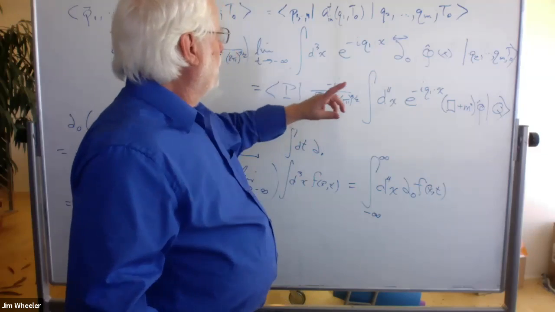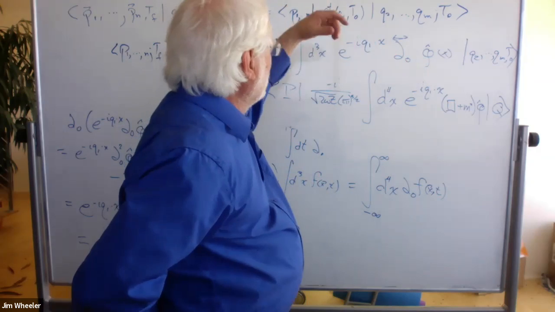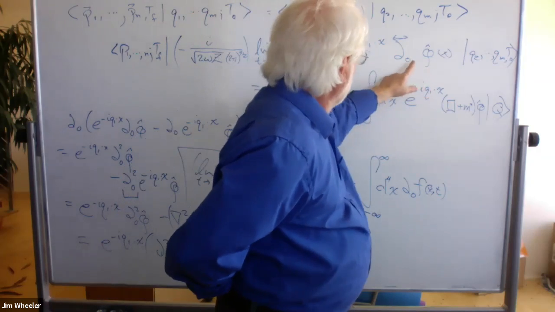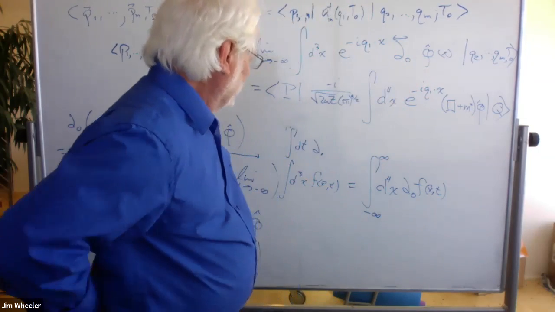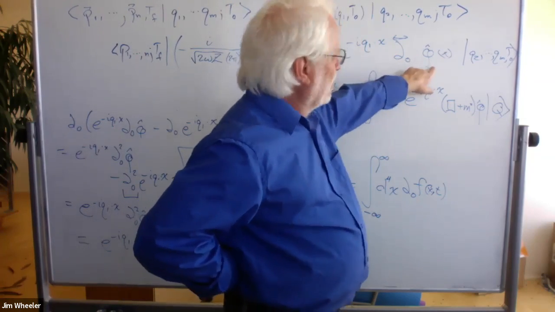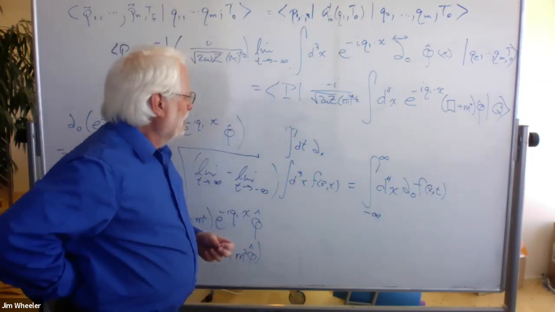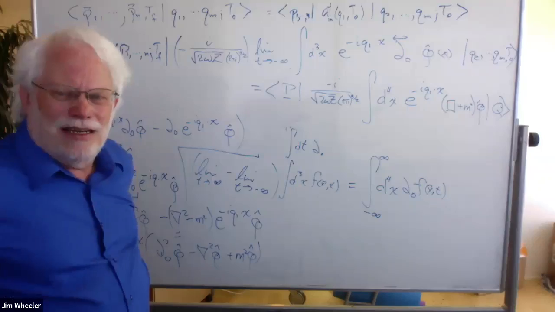Yeah, well, the time derivative is what let us write this double arrow in the first place. This d0 acting on phi hat is pi. That's where that came from. As opposed to starting with a derivative in our function for alpha, we started with pi and then defined it.